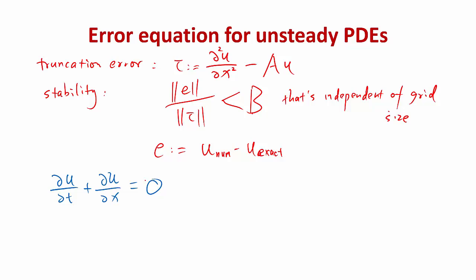Okay, so we discretize it into something I'm going to write in a very generic way: U of n plus 1 equal to an evolution matrix M times U of n. M is a matrix that carries the solution at step n to the solution at step n plus 1.